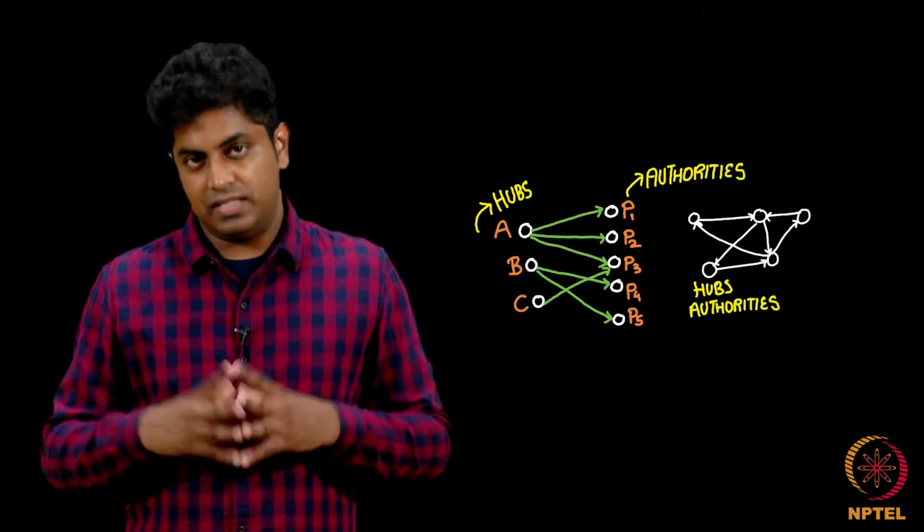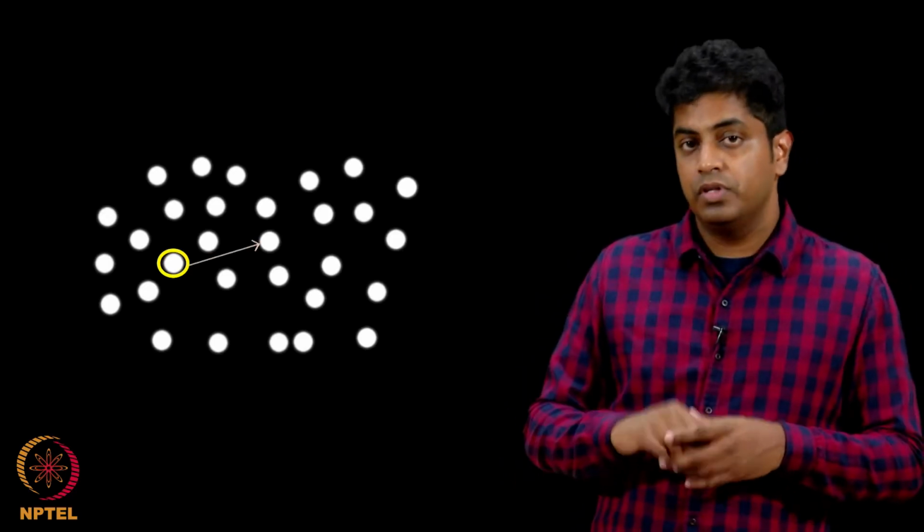What do I mean by this? Let us take a nice example and try explaining this concept. You have, let us say, 30 people in a class, in a room. You go to some person randomly and ask, can you help me with a solution to this problem? And that person says, I cannot help you, but I can point you to someone who can help.